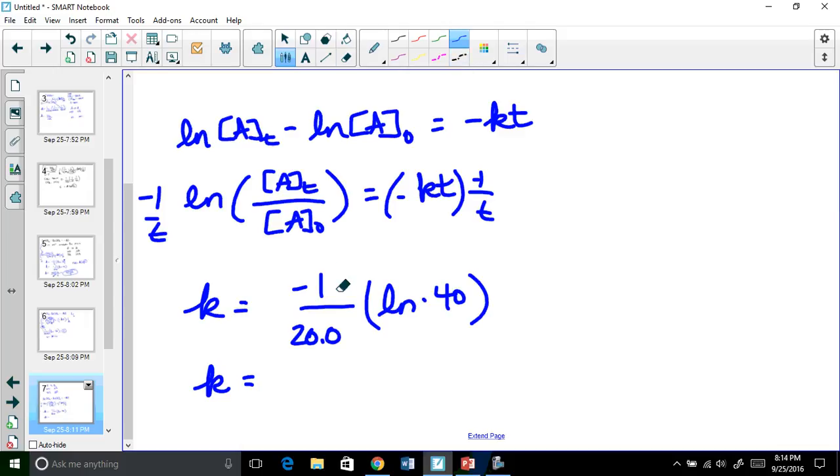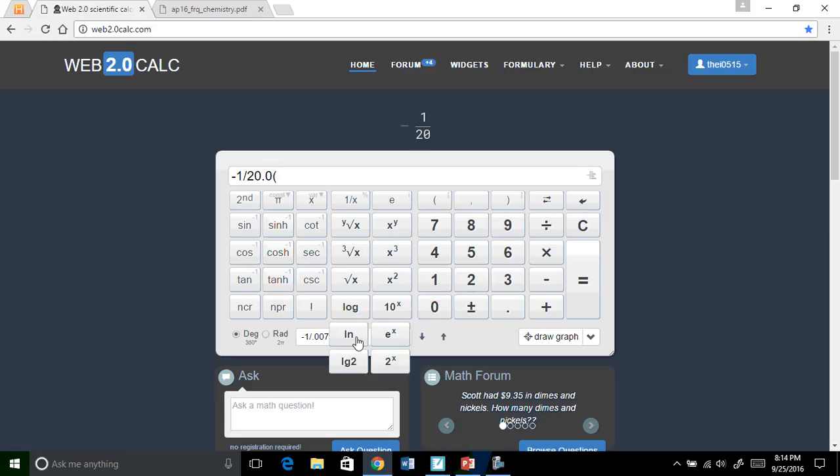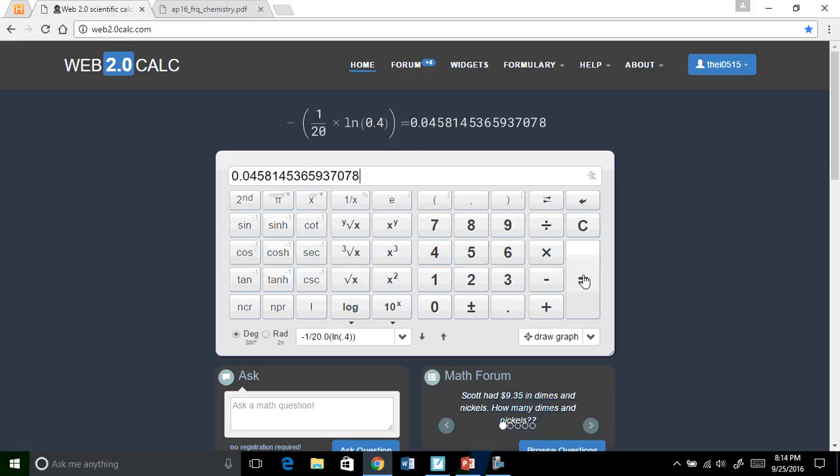And so going to my calculator and hitting clear, I'm going to go 1 negative, divided by 20 minutes, and then times the ln of 0.4, and we get that k is equal to 0.0458.